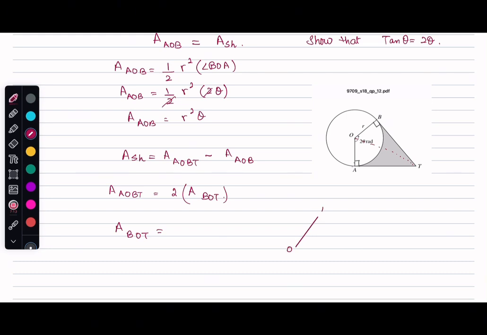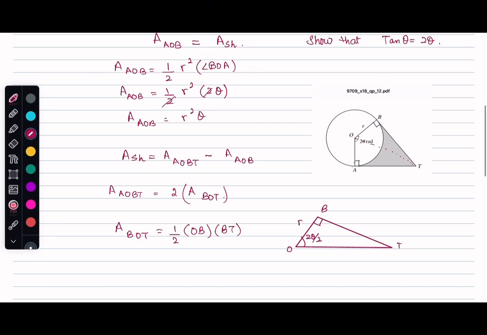To get the area of BOT, we have OB as the radius, and with respect to OB, we have a perpendicular, that is a tangent at T, and this angle here is going to be 2 theta divided by 2. So the area of BOT needs to be 1 by 2 into the base, which is OB, and into the perpendicular, which is going to be BT here.